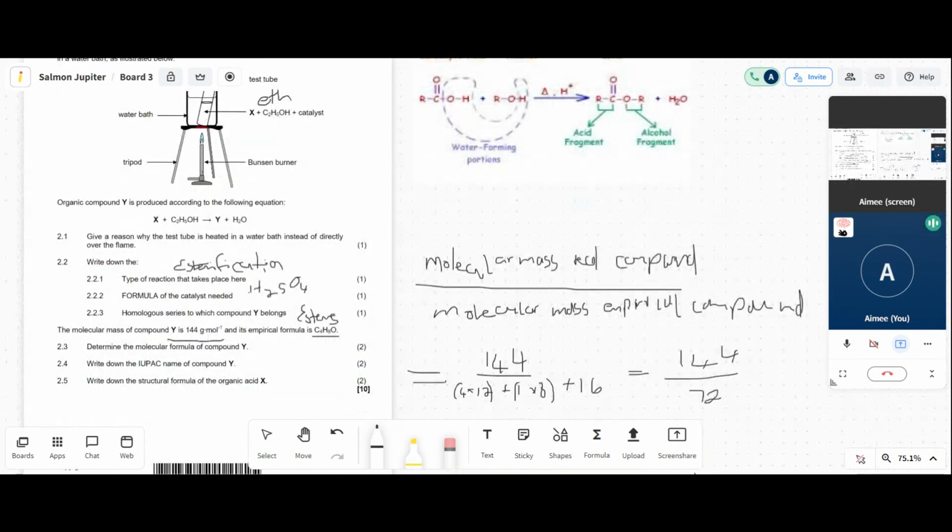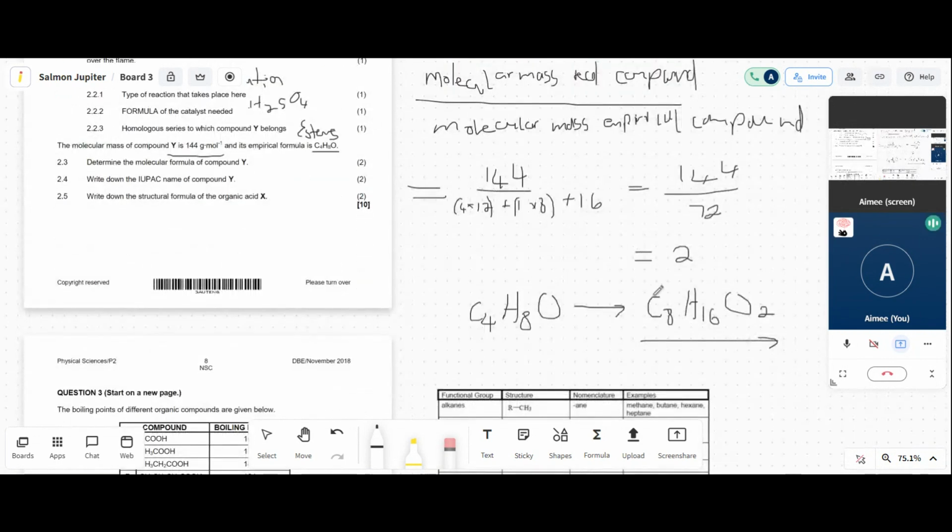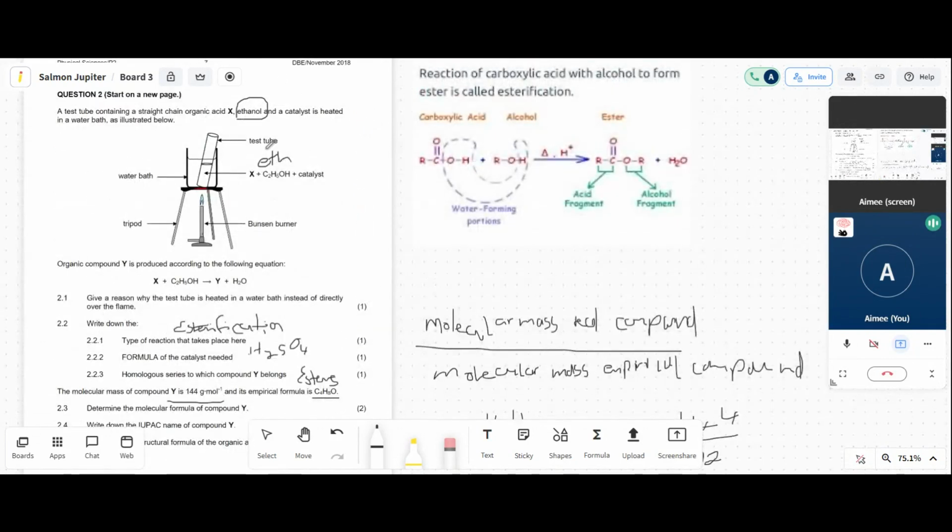And they've told you how many carbons are going to be in your final Y, which is 8. You know 2 of those carbons have to belong to the alcohol, because when you're naming it, a portion is used to name the alcohol that was used, and a portion is used to name the carboxylic acid which was used to form your ester.